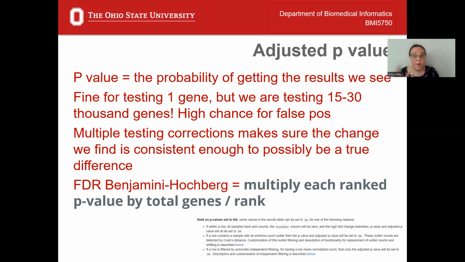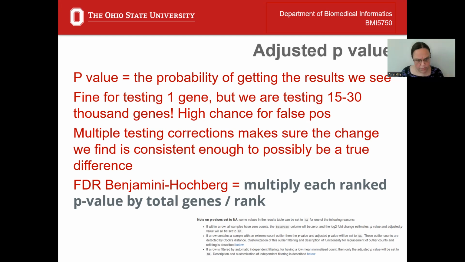And so the probability of seeing this happen once is fine, but if we're testing things over and over again, we need to account for all of these different tests that we do. And so we apply a multiple testing correction to make sure that the change we see is consistent enough in our data set to be a true difference.